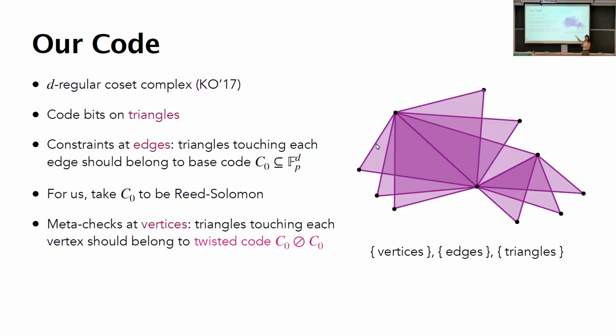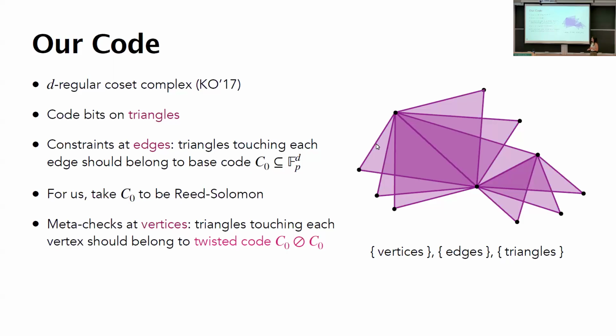There's a bunch of triangles, first of all, coming out of it. These triangles are related by edges in different directions. And so if you take all these triangles and all these edge checks around the same vertex, it tells you what the view of each vertex has to look like. In particular, it will tell you that the triangles touching each vertex should belong to some, we'll call it, twisted code, which is some kind of twisted product of your two Reed-Solomon codes.